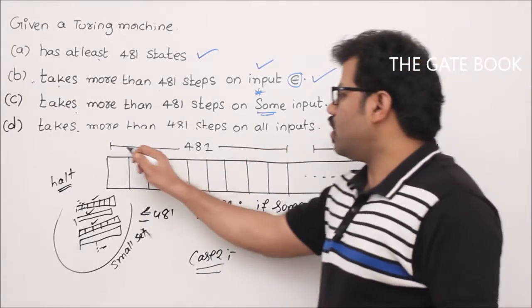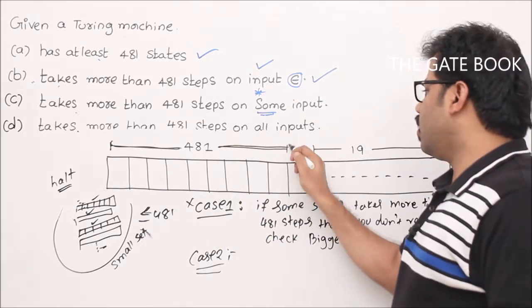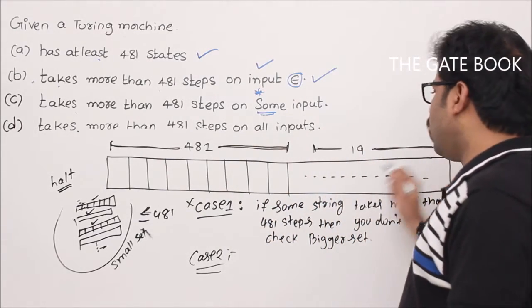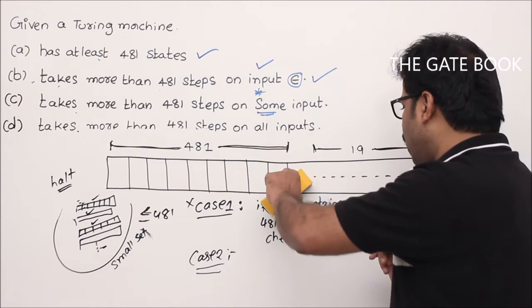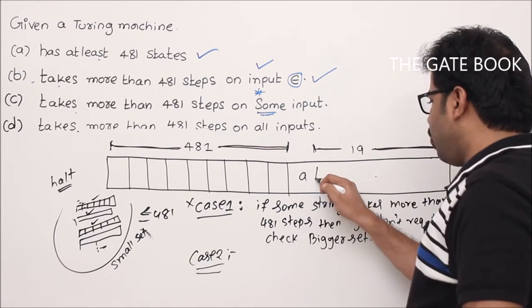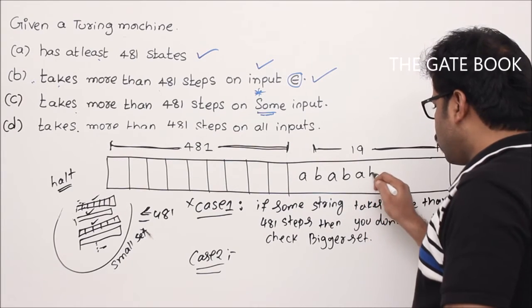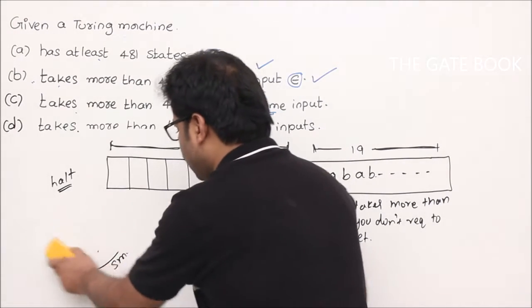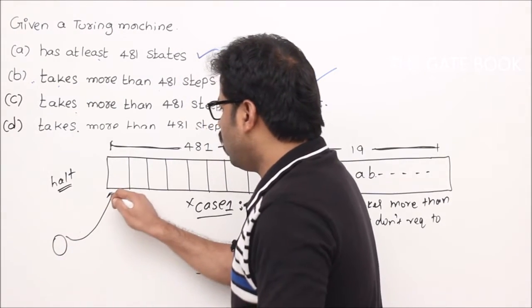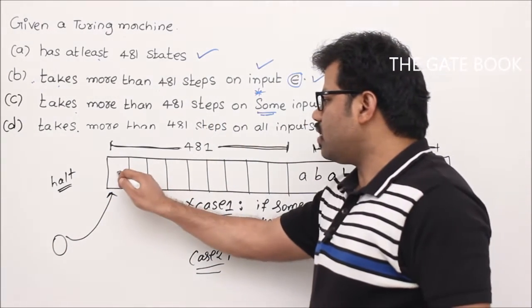I will tell you. For example, this is a 500 length string. I did not try that. Let me divide it into two parts: 481 and 19. Now here you have some input, let's call it A, B, something. Now what I want to say is your Turing machine starts here, with the control. Then this input is familiar to you.